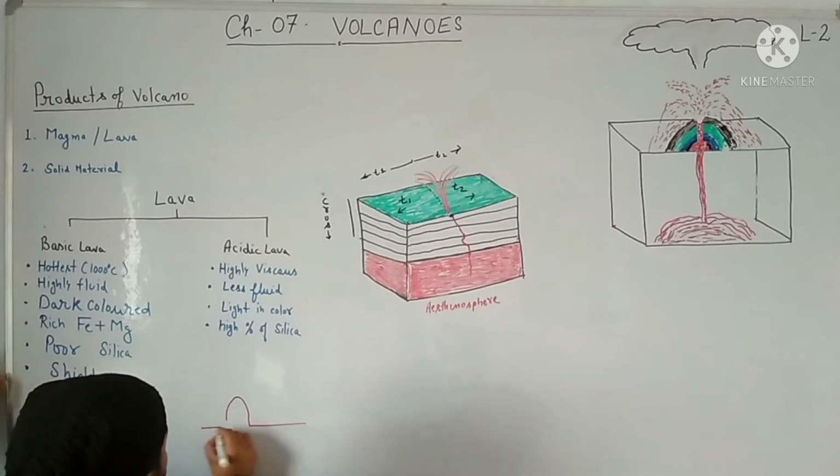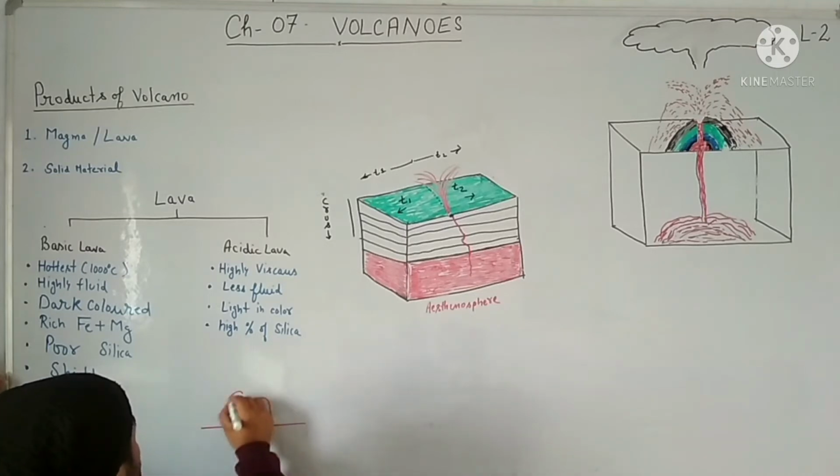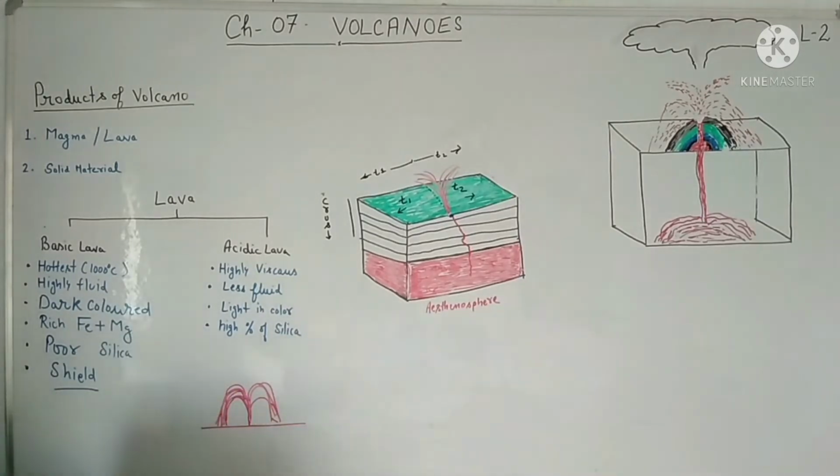Suppose this is the surface of the earth. It will keep depositing this way. Whereas this is highly fluid, so what will happen? It will flow in this manner.